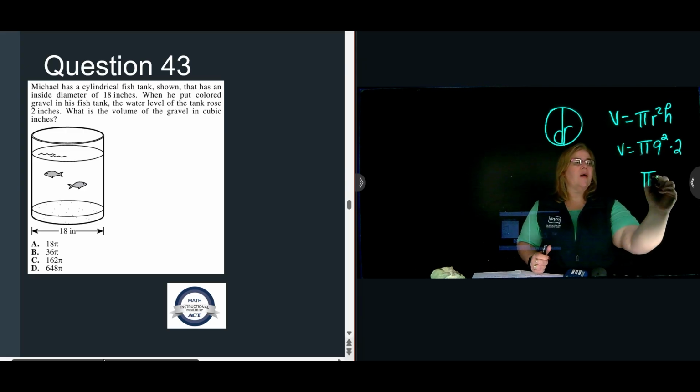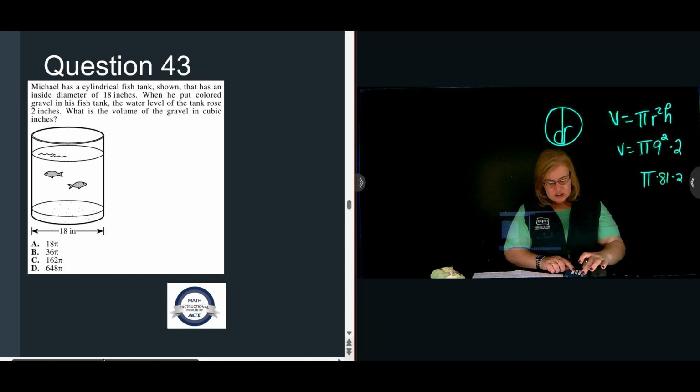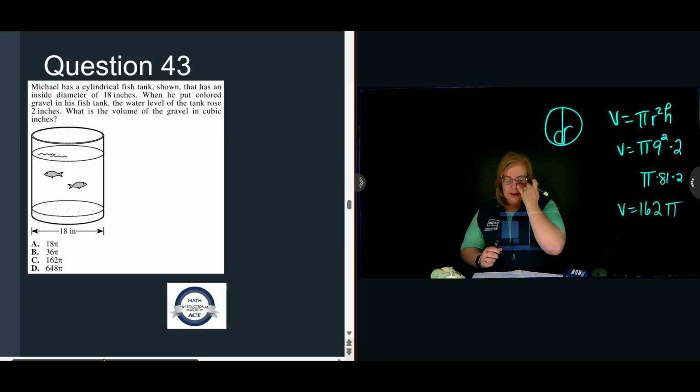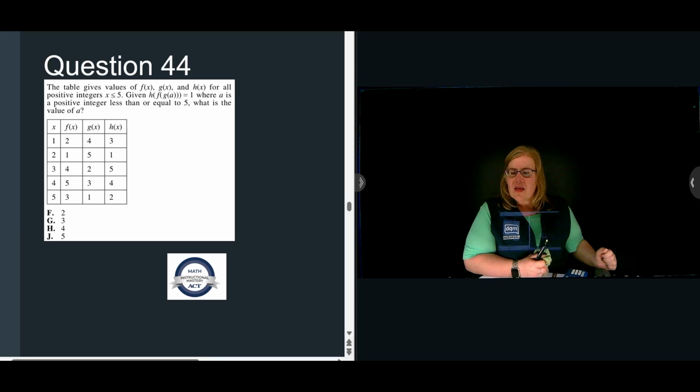So 9 squared is going to be 81 times 2. Just plug that into your calculator. And I get the volume is 162 pi. So my answer is what? It's C. Good job.